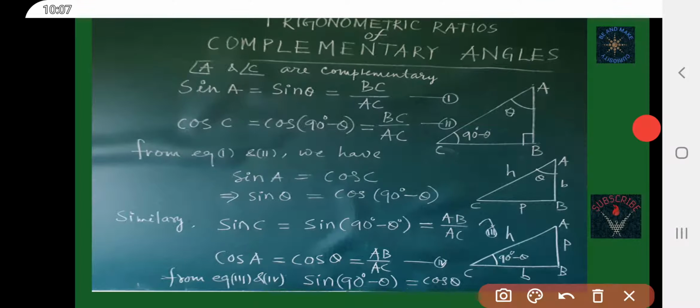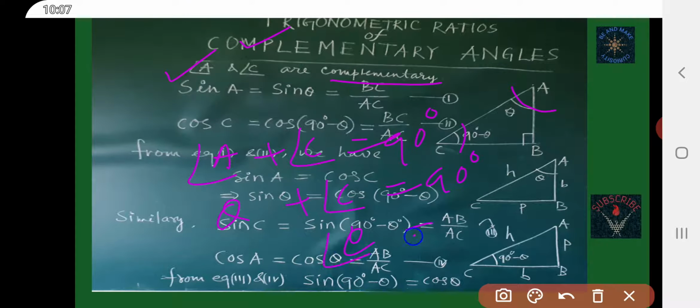See, trigonometric ratios of complementary angles. Angle A and angle C are complementary. If this is theta, then this angle will be what? A plus C is equal to 90 degrees. If angle A is theta, then angle C is equal to how much?